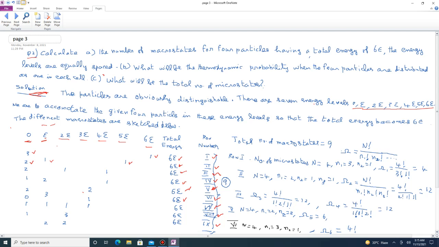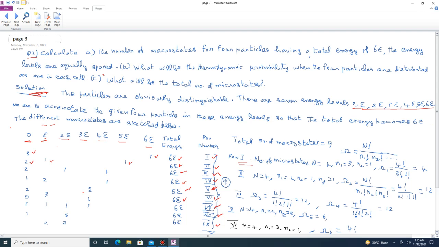So now let us calculate the total number of macrostates, which is 9. Let us calculate the microstates corresponding to each macrostate. So for the first row, for row 1, you have to use this formula, omega is equal to N factorial divided by n1 factorial into n2 factorial and so on.